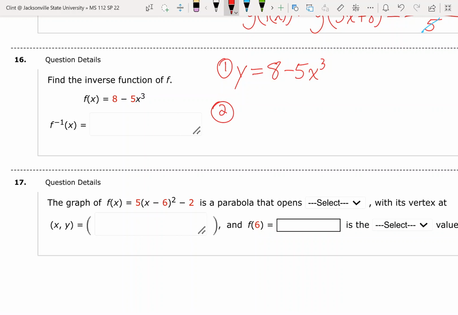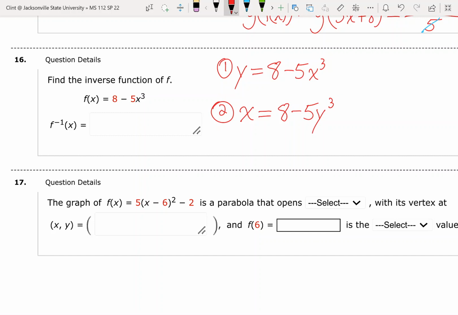Step 2, you remember what we do? What the inverse functions do, they switch x and y. So we'll have x equals 8 minus 5 y cubed.